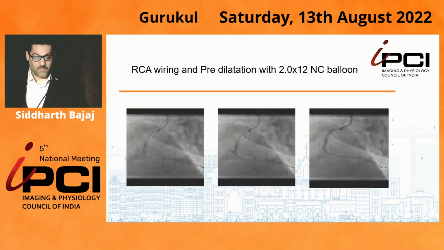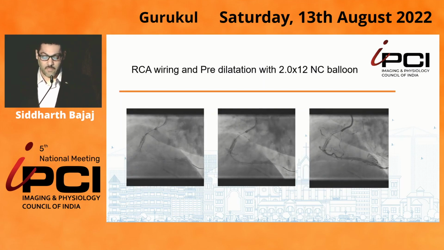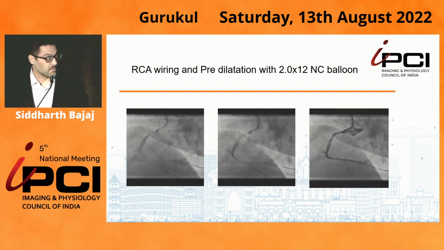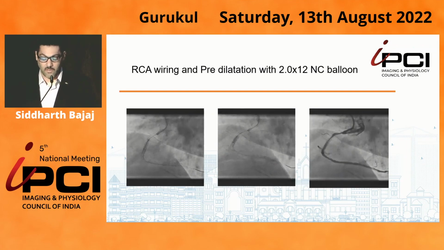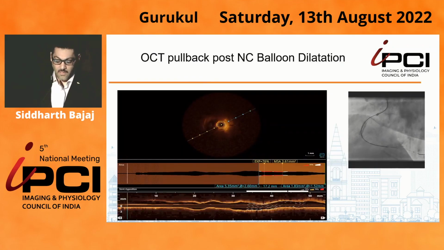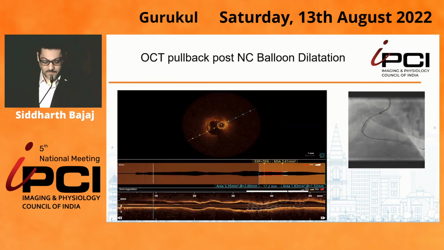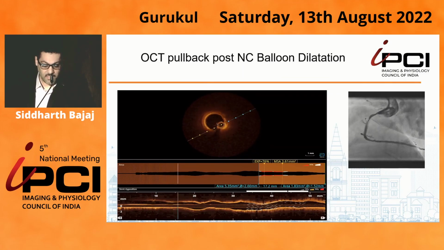How we went about this: obviously we first wired it, and then we did a predilatation with a 2x12 non-compliant balloon. Then we did an OCT pullback to see how the lesion was.